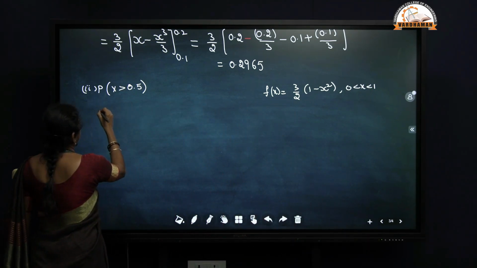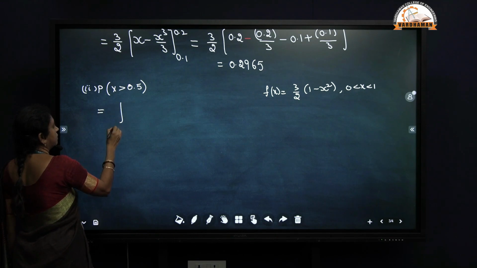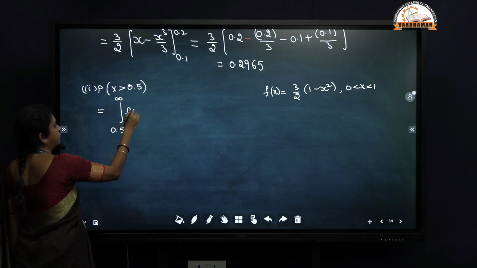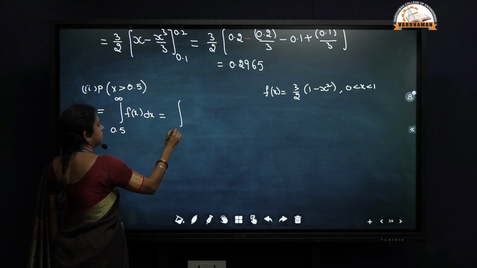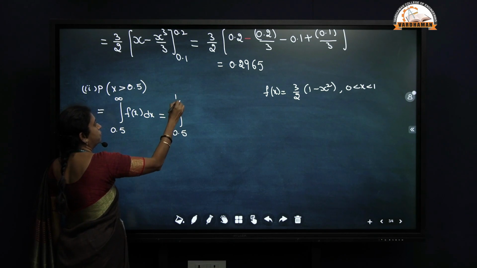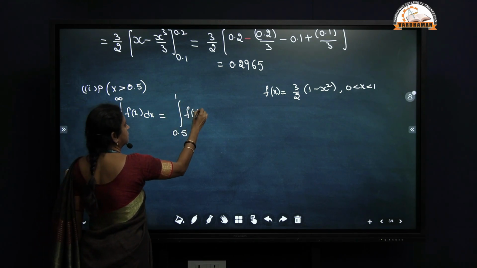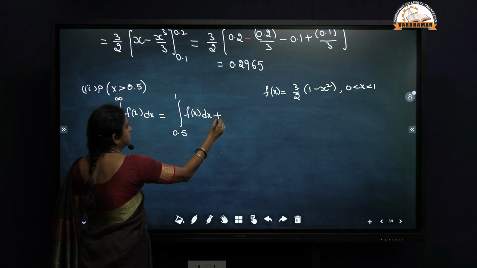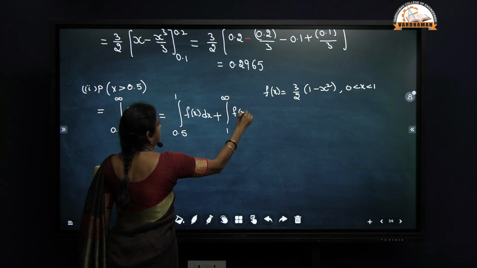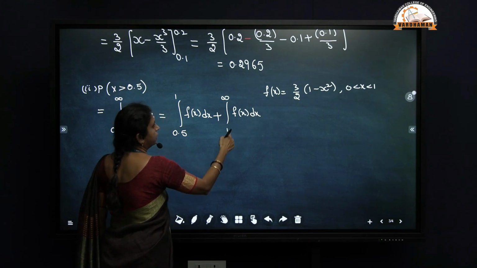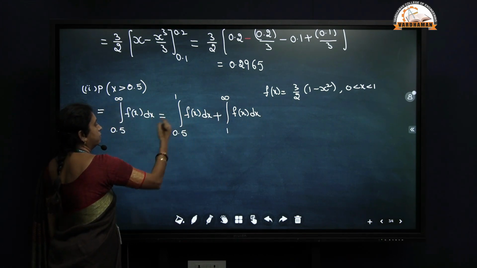So this will be equal to the integral from 0.5 to infinity of f of x dx. This will give us the integral from 0.5 to 1 of f of x dx plus the integral from 1 to infinity of f of x dx. The value from 1 to infinity is 0, so we will integrate only this part.